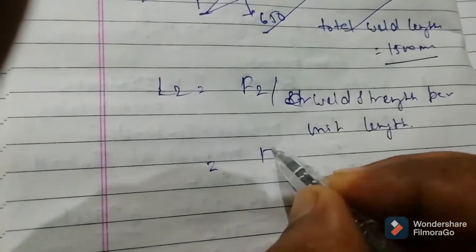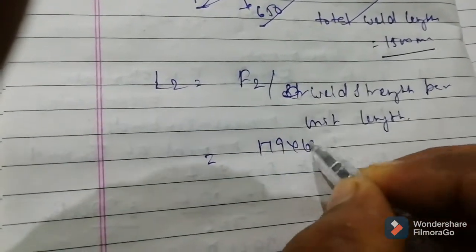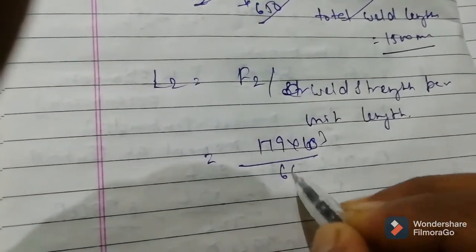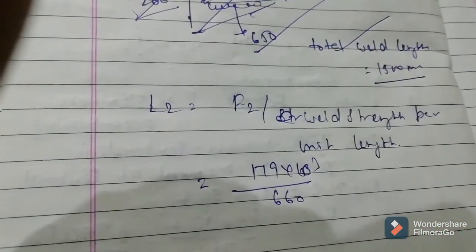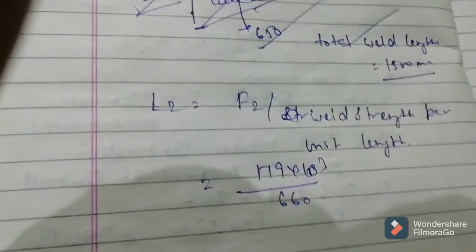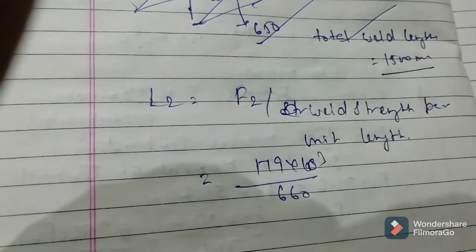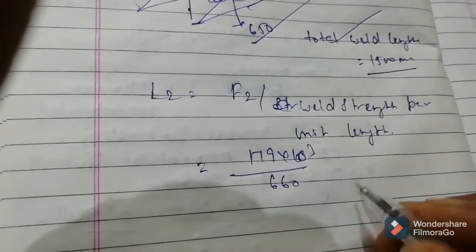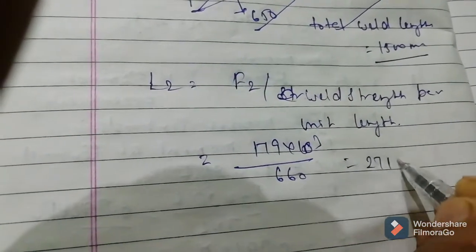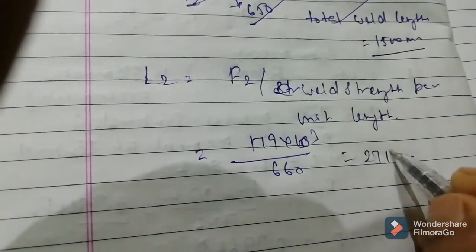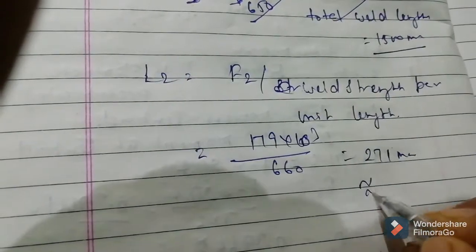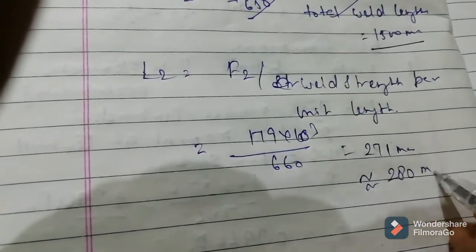So F2 equal to 179 into 10 power 3 by 660. This is your 271 mm, 271 point something. So let's take 280 mm.